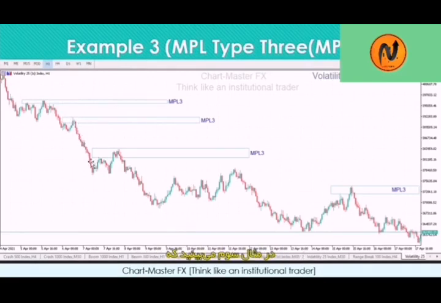In example number 3, the price is dropping and we have a high, then a higher high. Example number 4, we have a drop in price, then a high, then a higher high. So basically, that's how we can identify the MPL3.